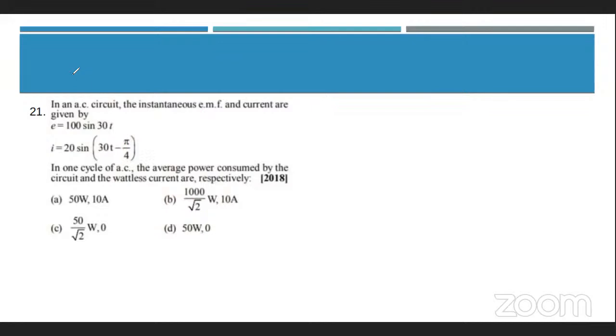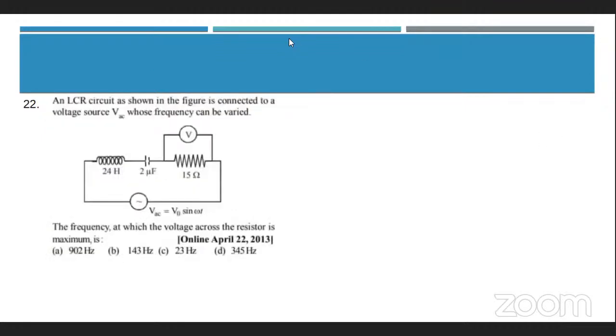On to the next one. So the next question is, we need to find the frequency. The frequency formula is given as 1 over 2 pi root under L into C. L value is given as 224, and C is 2 into 10 raised to minus 6.